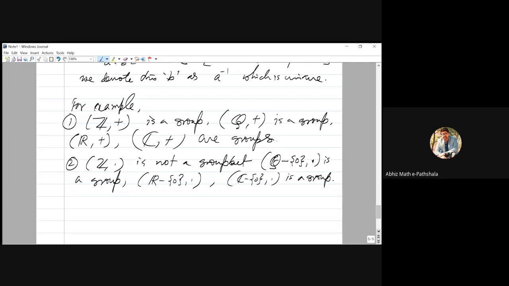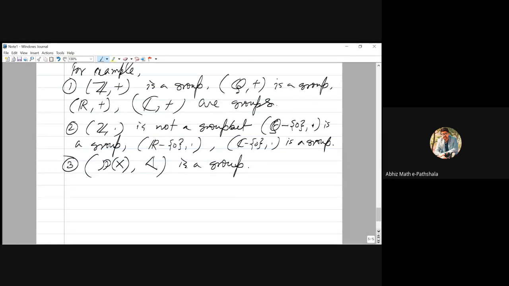Fine. And you have also seen that for any set x, the power set of x with respect to this is a group, right? You can check the same thing for other operations defined on a power set, right?